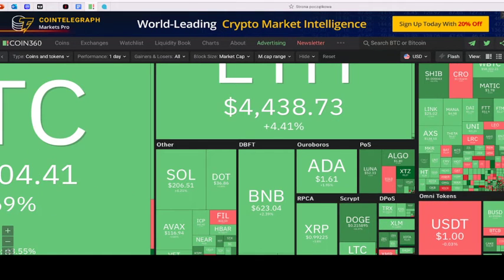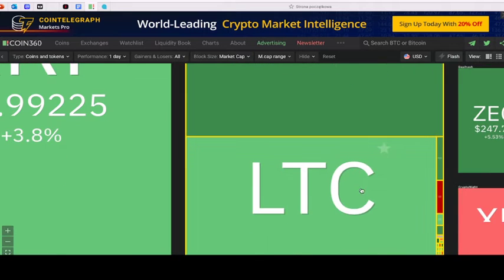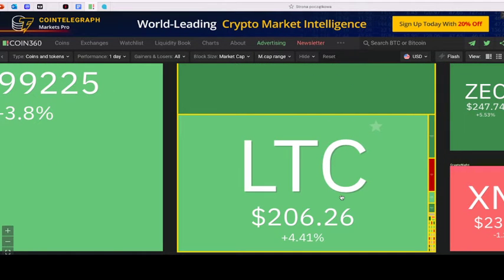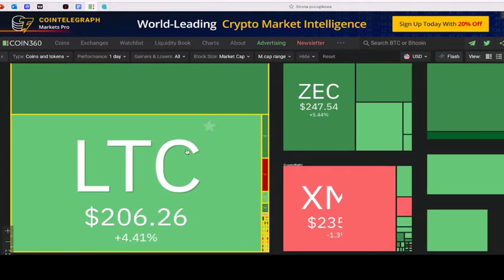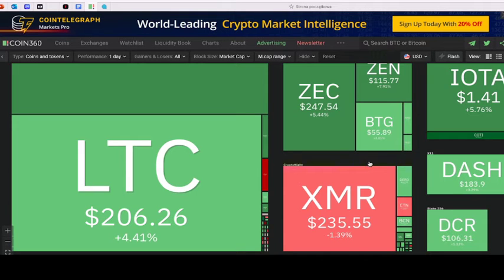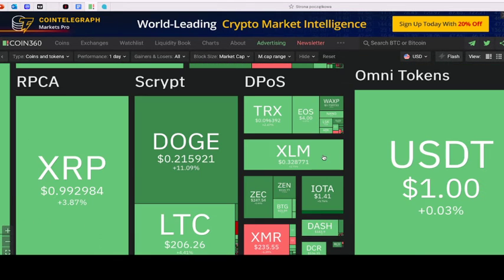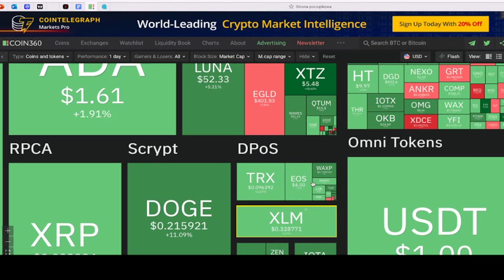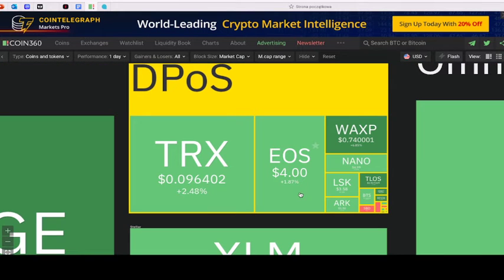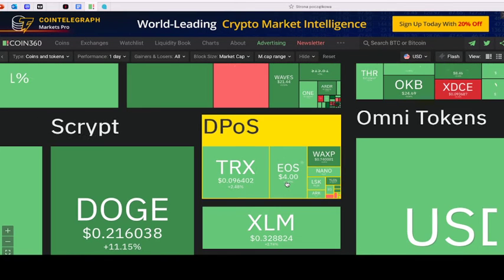Litecoin 4,4, ZEX 5,5, US $4 and is 1% on plus.